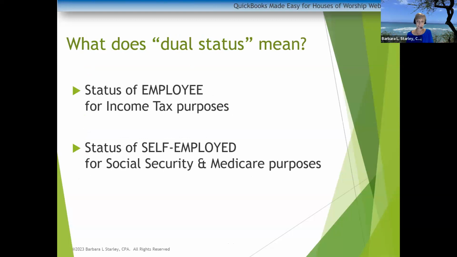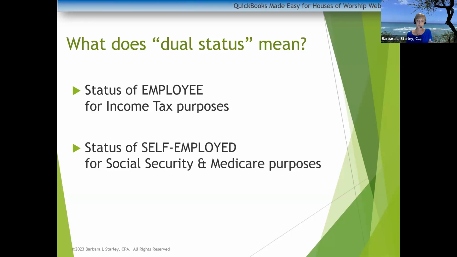So when an individual qualifies as a minister in the eyes of the IRS, he or she automatically becomes subject to the SECA rules, the self-employment tax rules for Social Security and Medicare purposes, and is ineligible for FICA withholding. This is important, and we'll talk about that as we go along.